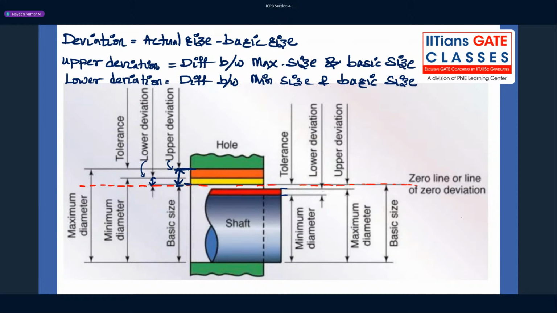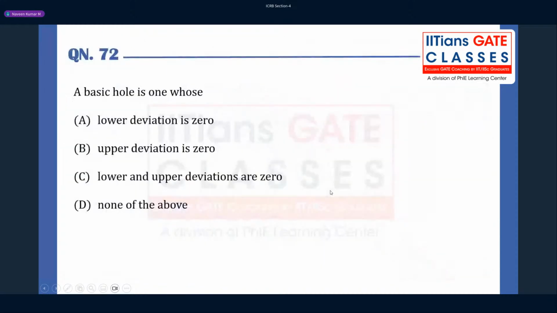What is the minimum size here? The minimum size of shaft is this, and that is why this is your lower deviation, and the upper deviation is this: maximum size of shaft minus the basic size. That's why they have written maximum diameter, minimum diameter. That's it. So with this concept, let's go and attack the problem.